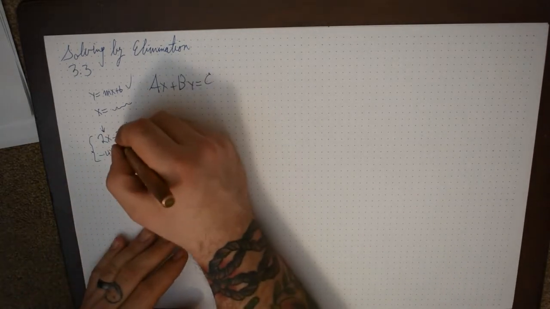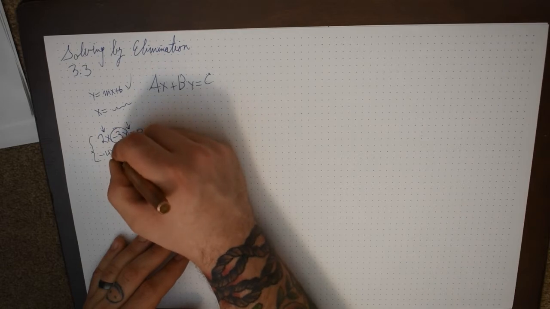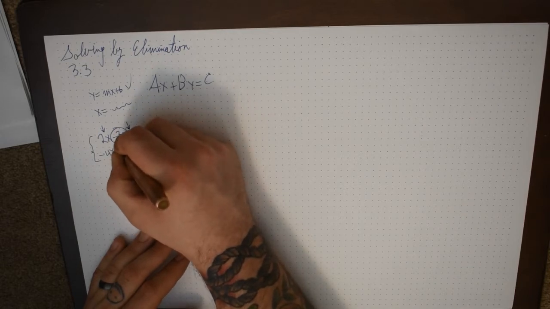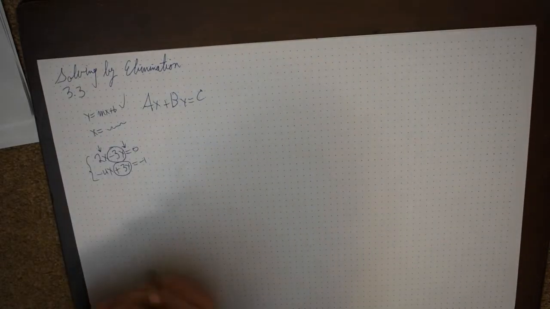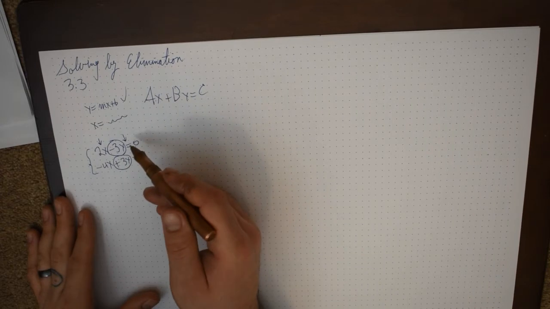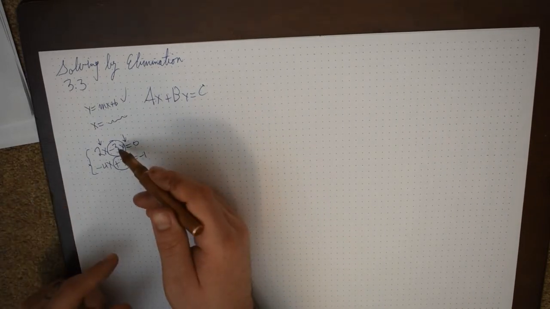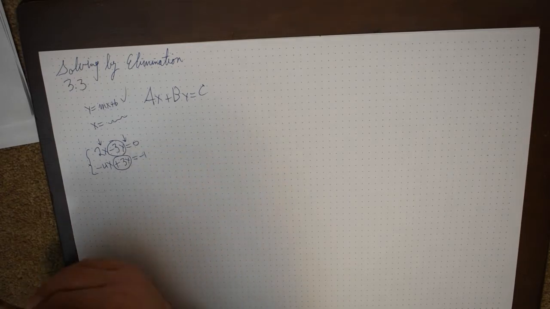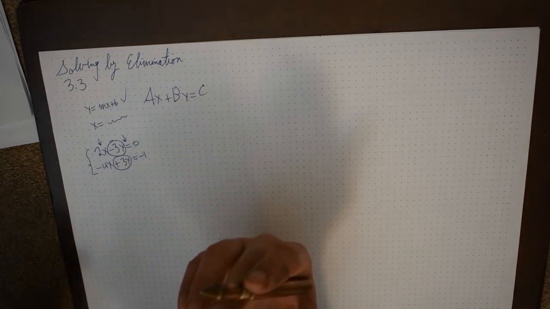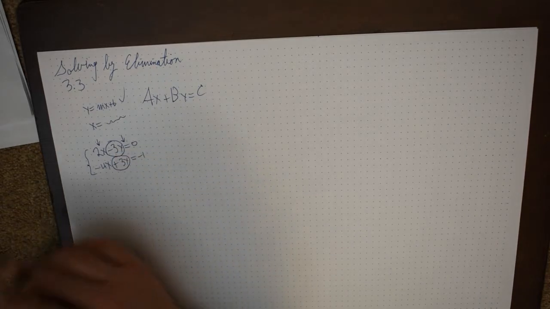Also, notice how in this top equation, we've got a minus 3y and a positive 3y. That's the trick for solving by elimination. In your pair of equations, you want to find coefficients that are opposite in sign, but equal in magnitude. Like you want to find a minus 3 and a positive 3.